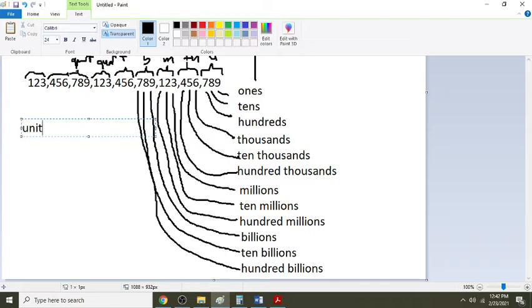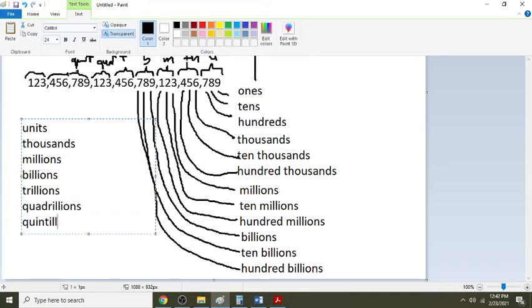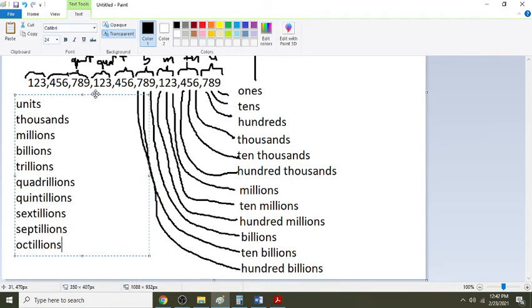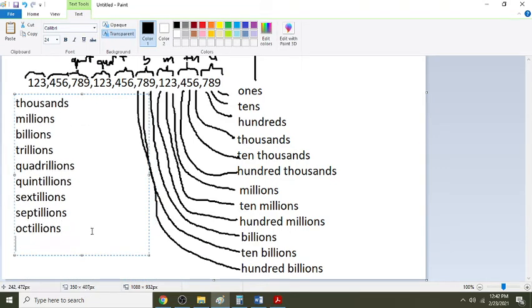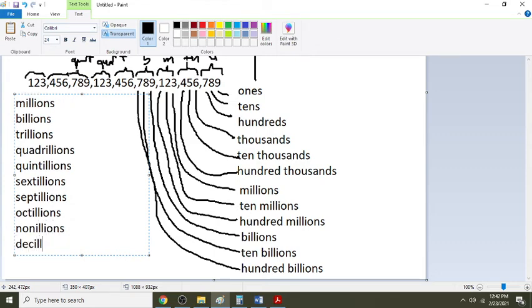You start with the units, then the thousands, the millions, the billions, the trillions, the quadrillions, the quintillions, sextillions, septillions, octillions. Let's add more: nonillions, decillions.